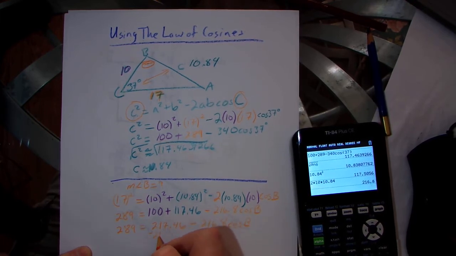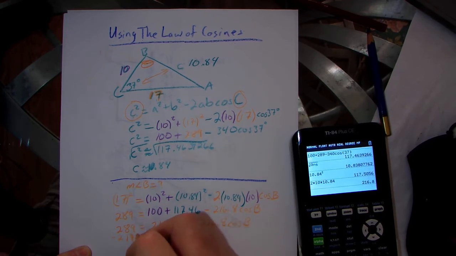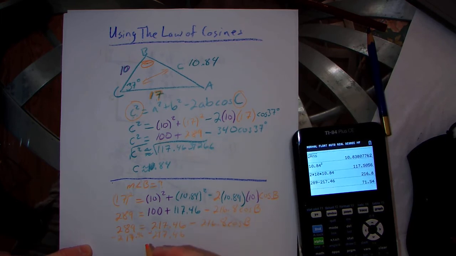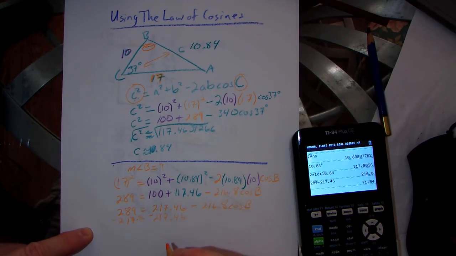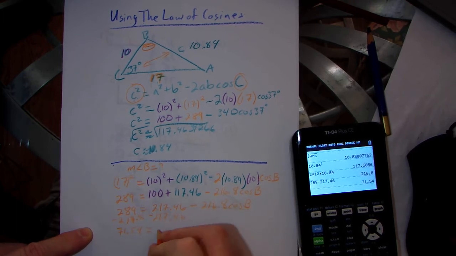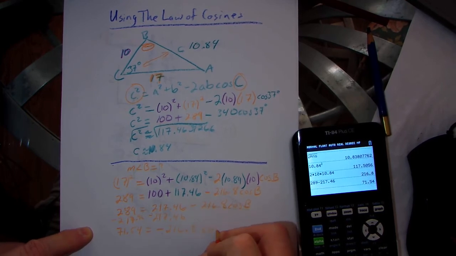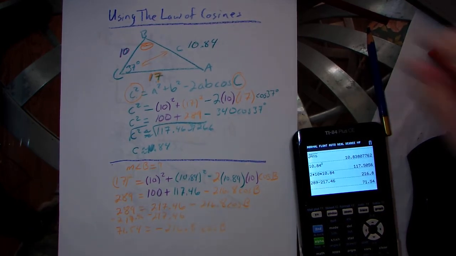Subtract the 217.46 from both sides, and that's going to give me 71.54. So this is now 71.54 equals negative 216.8 times the cosine of B. And that pencil's dying, so I'm going to switch colors here.